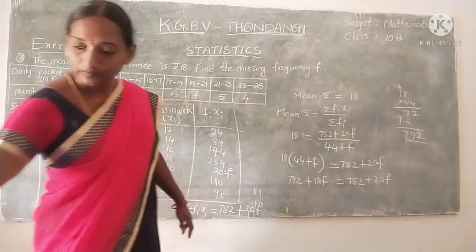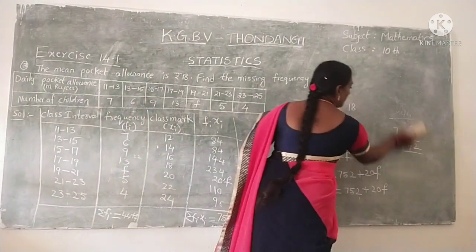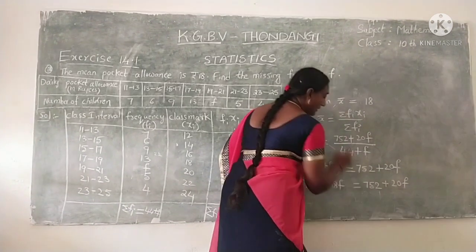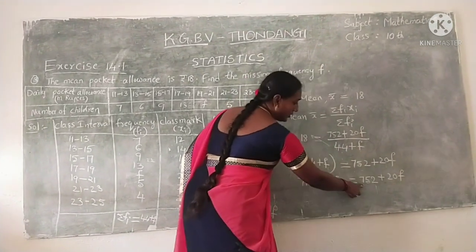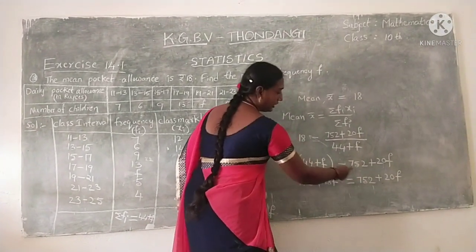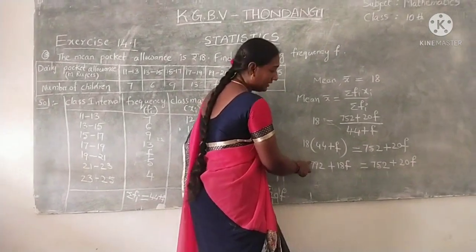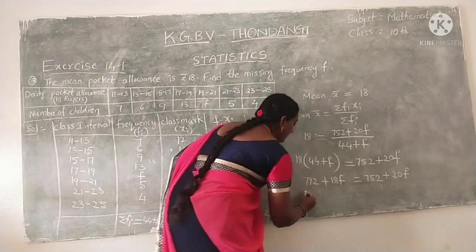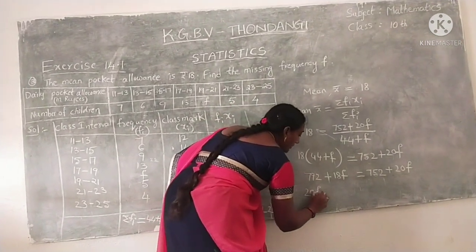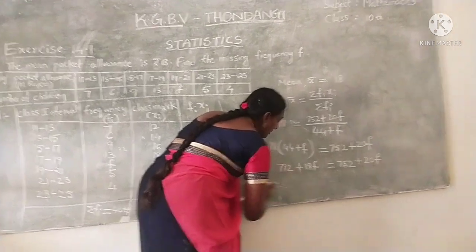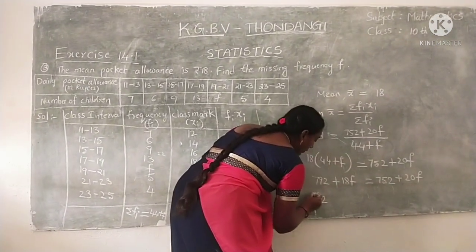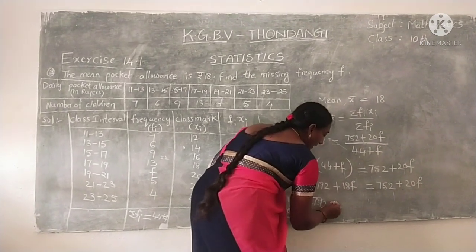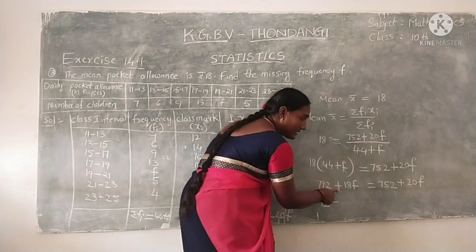Then, transposition of 752 to the LHS side and 18f to the RHS side. So then we got 792, transpose 752 to the LHS side.